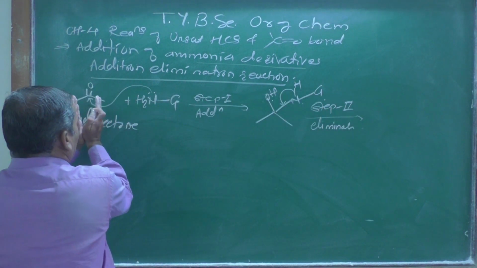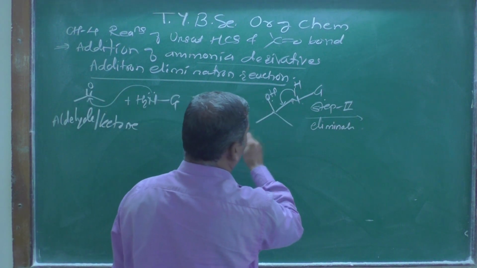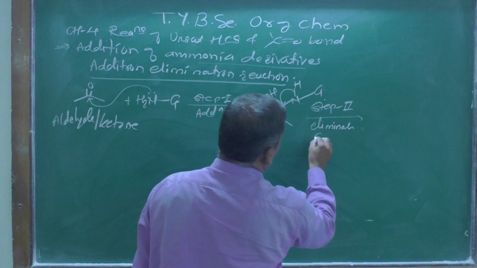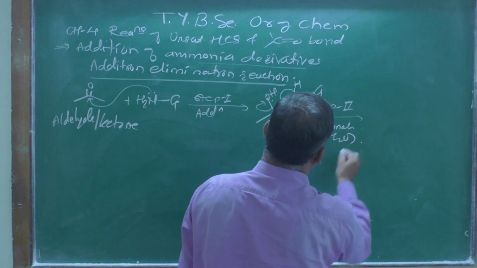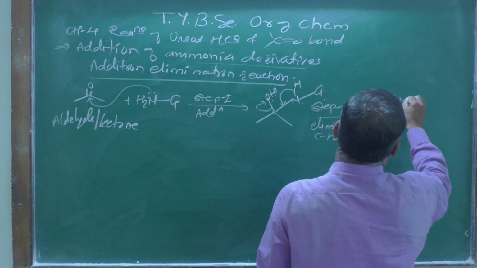Addition of this reagent across the carbonyl double bond forms this type of intermediate, then there is elimination of a water molecule, and the product is formed with a double bond, N=Z.